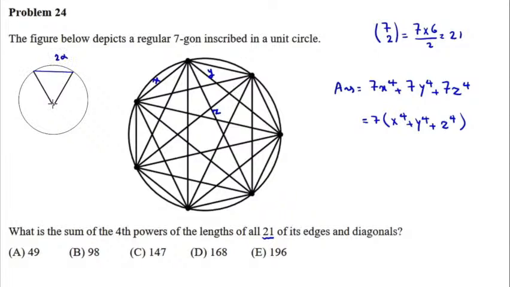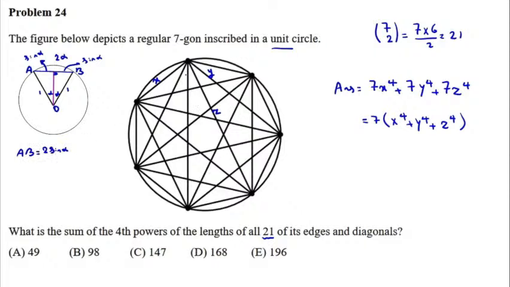If we draw the altitude here, it will be alpha, alpha. It is the central angle. It says unit circle, so the radius here is 1, 1. So this part will be 1 times sine alpha, and this part also will be sine alpha. So the length here, let's call this one AB, AB will be 2 sine alpha.